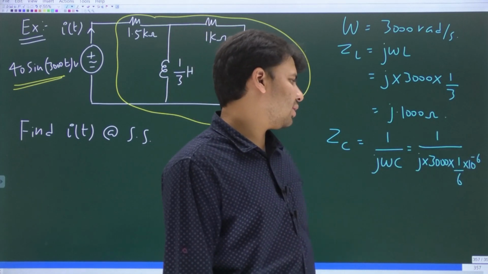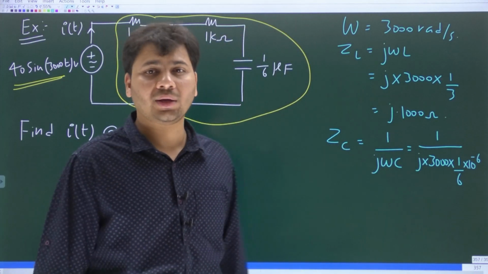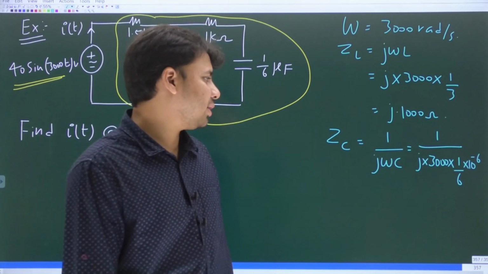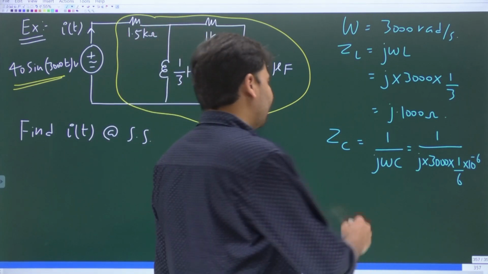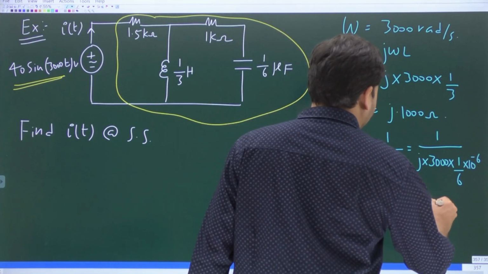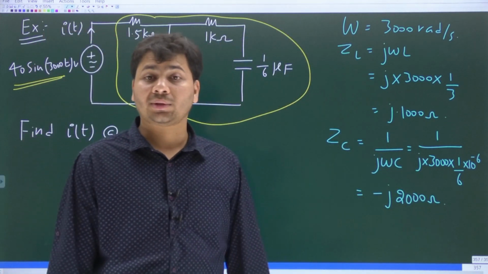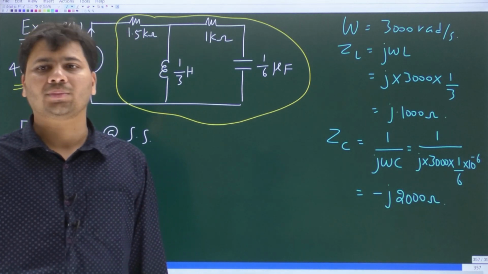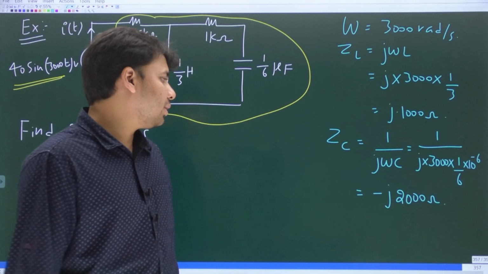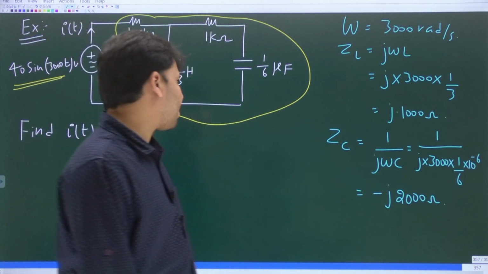So it is 6 into 10 power 6 by 3000. Will it not be 1 by j times 2 kilo ohms? Again, 1 by j is the same as minus j. So please verify that the value of ZC comes out as minus j 2000 ohms. That's all. ZL is j 1000 ohms positive, whereas ZC is minus j 2000 ohms.